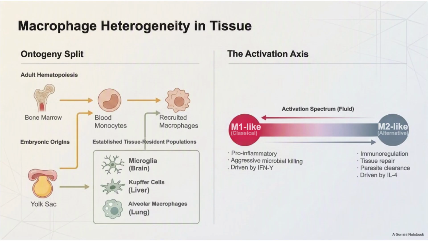In the body, macrophages can occupy many functional states between those endpoints and can change their behavior as the signals in their environment change. So macrophages aren't simply one cell with one job. They're adaptable tissue cells whose origin, location, and local environment help determine what they do.